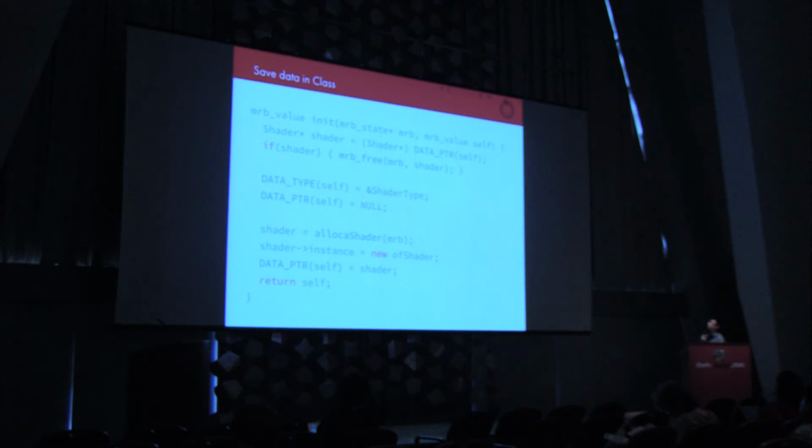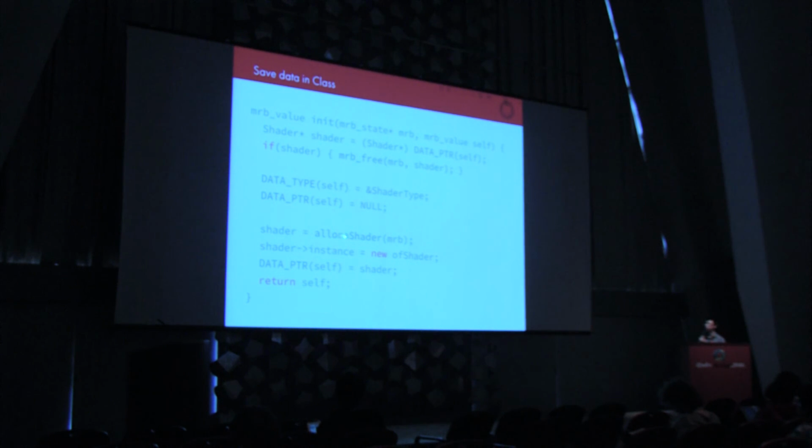And finally, the method body, the initialize method, is just like Ruby. So I define a method called initialize. Then when Ruby creates the class, it also calls it. So in our initialize method, we first check if there is any unexpected data in the class, and define the class type.